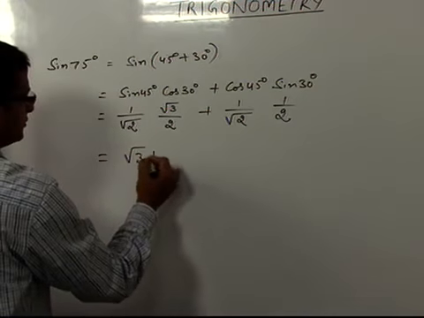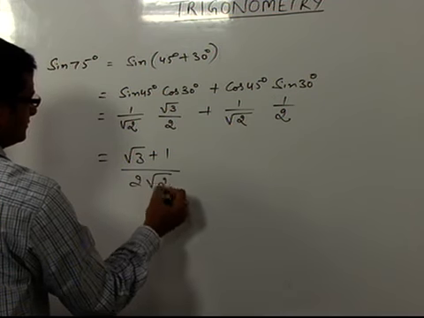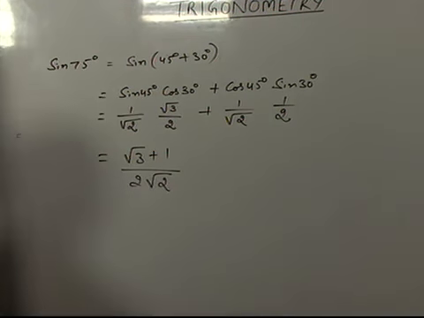So it comes out to be root 3 plus 1 upon 2 root 2.